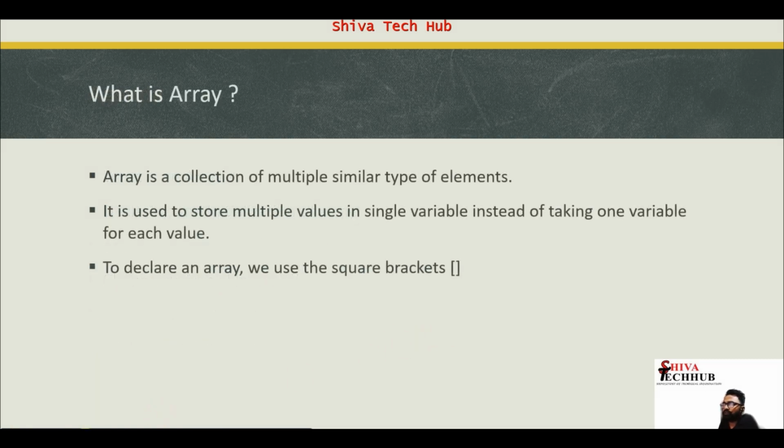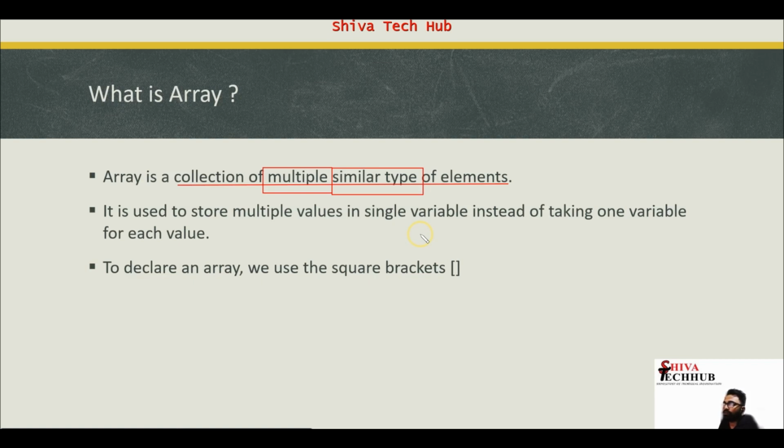Okay, so first let us try to understand what actually is an array. So array is a collection of multiple similar type of elements. Okay, so this particular point is divided into two parts. First thing is it will hold multiple elements, and the second part is it will hold similar type, right? So whenever you declare or initialize a value to a particular variable, it just holds a single value.